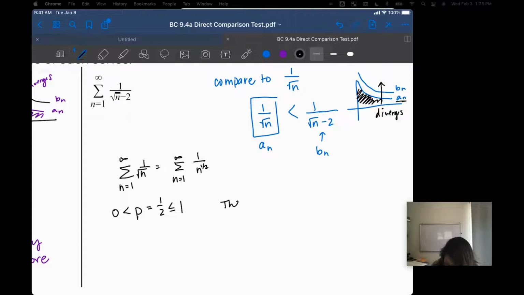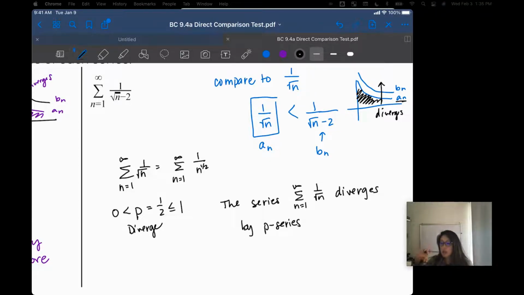So the series, the sum from n equals 1 to infinity of 1 over the square root of n, diverges by p series. And because it's the smaller series, then I know the larger series will also diverge.